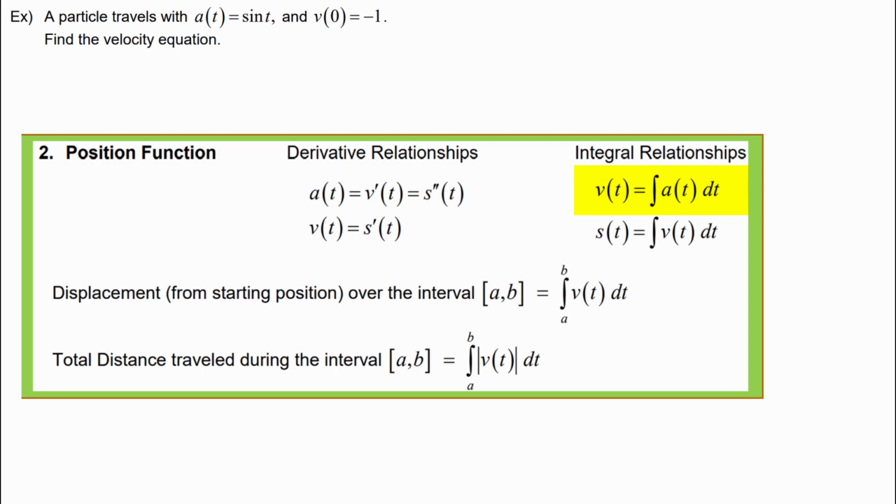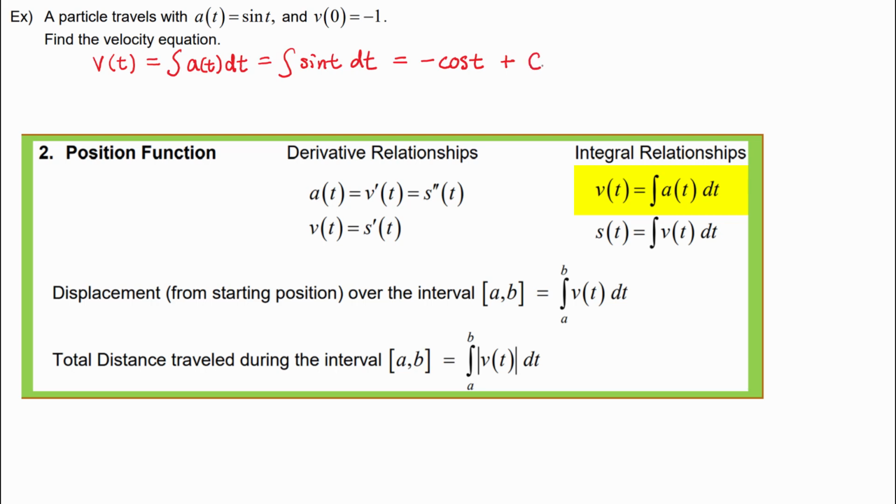So let's go ahead and find the velocity function: v of t is equal to the integral of a of t dt. And our acceleration function right now is sine t dt. And the integral of sine t is, yes, negative cosine t plus the constant of integration c.